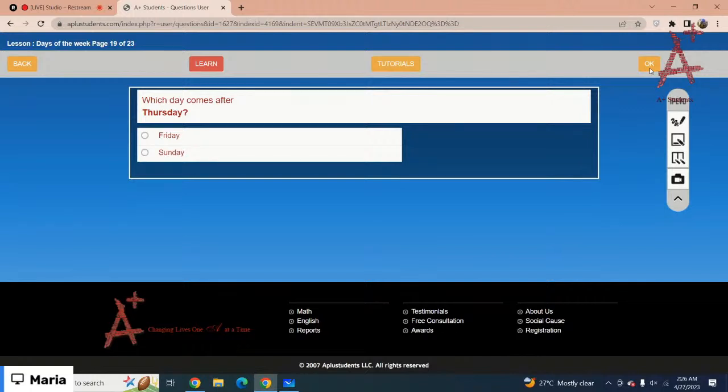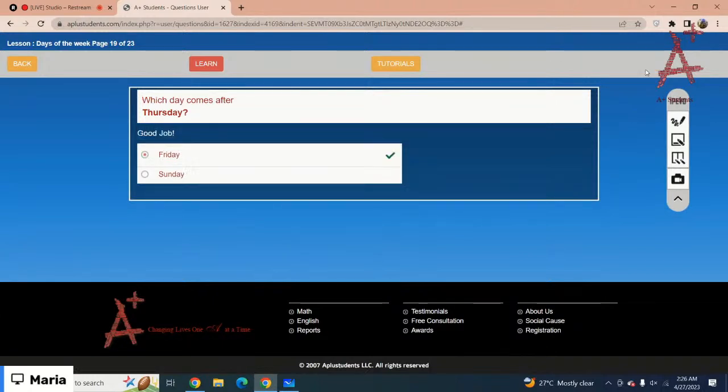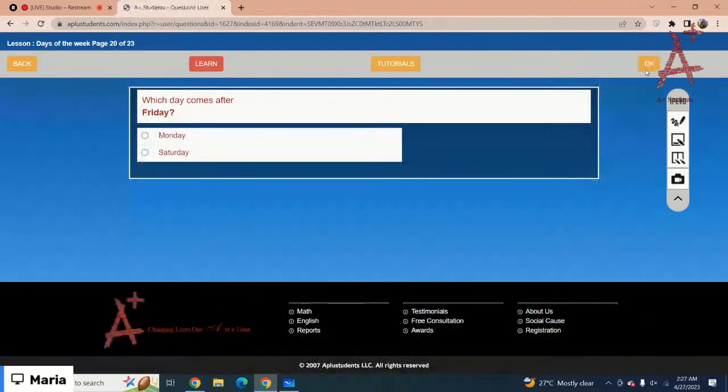After Thursday, that would be Friday. Which day comes after Friday? After Friday, we have Saturday.